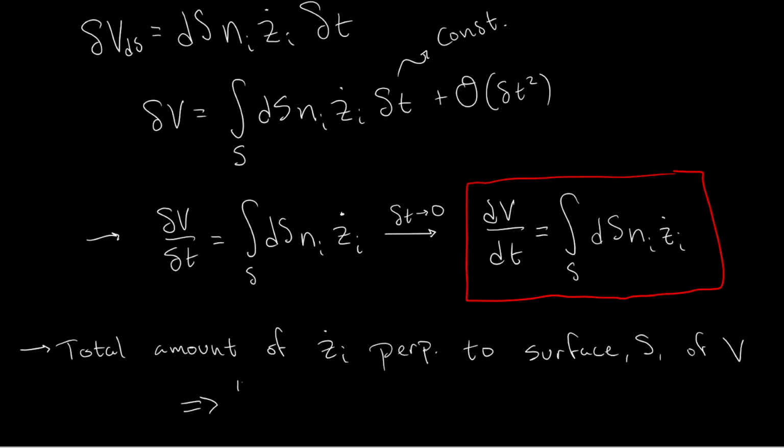This is the flux of z dot_i through S. So when you hear flux, that just means the total amount of something which is going through the surface, not parallel to the surface, but the amount that's going through it, which means the piece which is perpendicular. And that's all we're finding here, right? We're just finding the flux of z dot_i through the surface S.